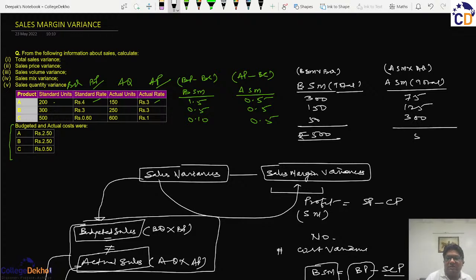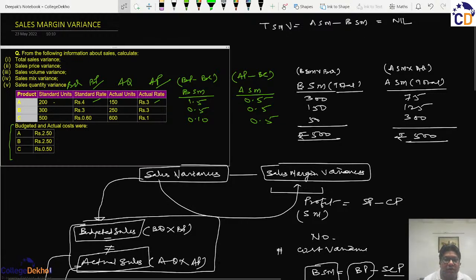So if you see, this will again come out to be 500. So total sales margin variance will be actual sales margin total minus budgeted sales margin total, and they are both coming to be the same, so it will be nil.